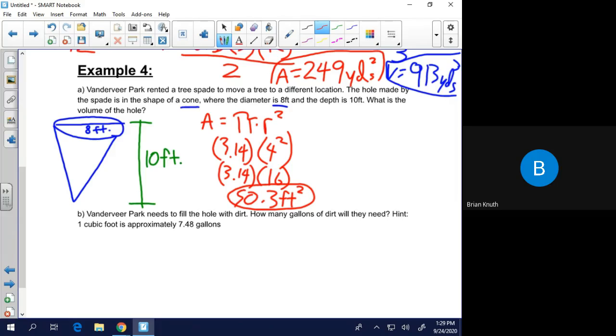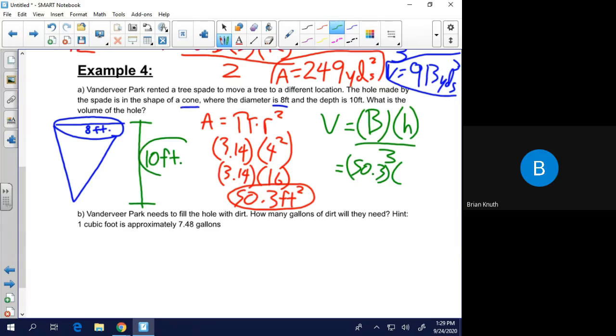All right, but they asked what the volume is. So now I have to do the volume formula. All right, so for that, it says volume is base times height divided by 3. Well, we just figured out the base is 50.3. So in this case, it's going to be 50.3 times my height, which we said was 10 feet, divided by 3.